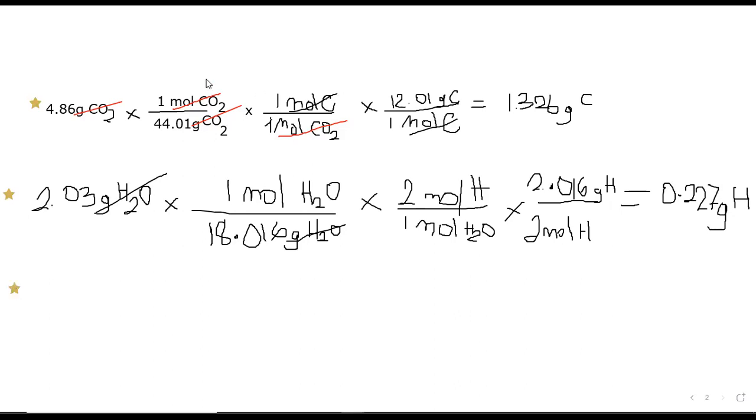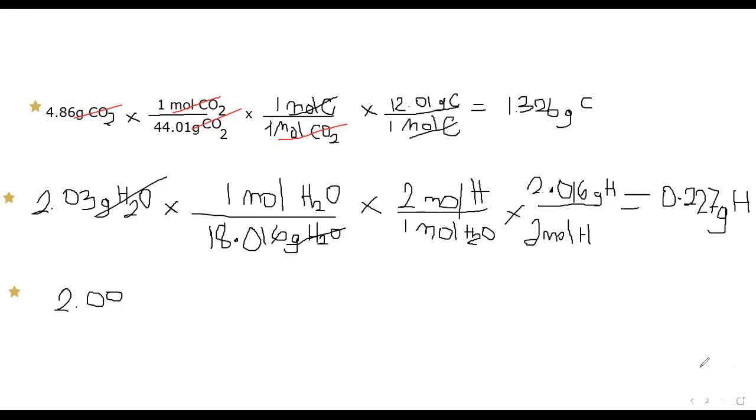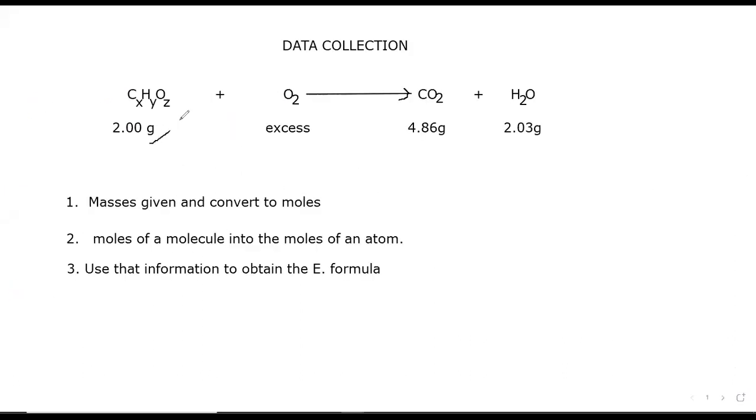So now we want to find the grams of oxygen. So we take the 2 grams. Where is it coming from? If you come back with me, you remember that this is the mass of the whole. So we're going to subtract what we got out of the CO2, the carbon from the CO2 and the hydrogen from the water, and subtract it from 2.